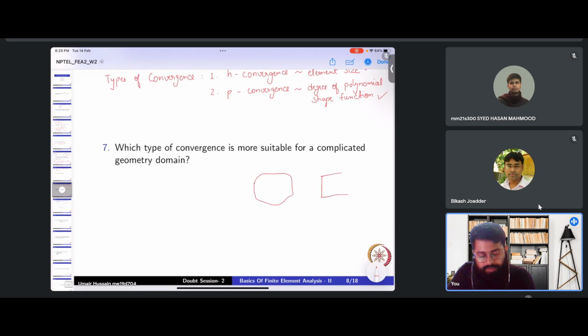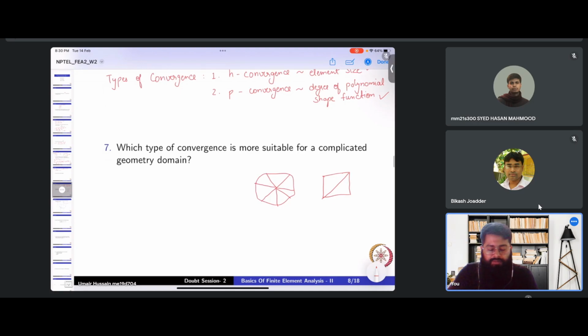For simpler geometry like this, you can just have two triangular elements. That's fine. For this, you can't have two triangular elements. To get a lesser error, you do some kind of meshing like this. So its convergence seems to be better for the case of the complicated geometry domain, right?